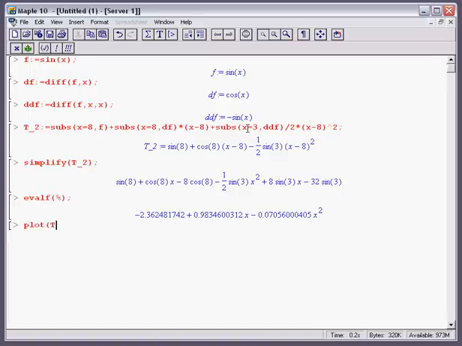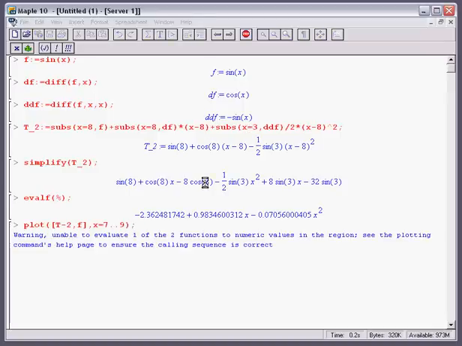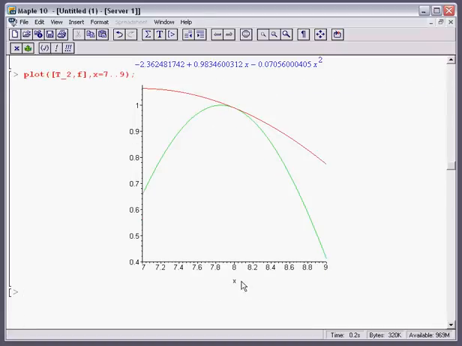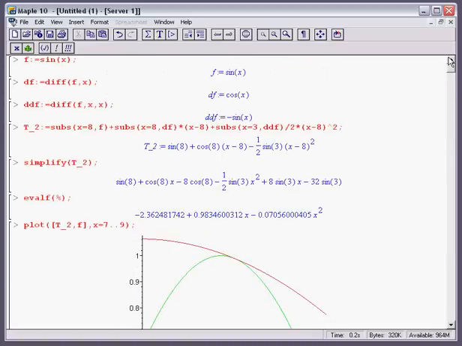And if you were to plot, say, t2 and f on the same curve, with x going from 7 to 9, you would see that in fact these two curves are very close. Oh, sorry, t sub 2, here's my mistake. And so near this point the two curves are somewhat similar, but not greatly similar.